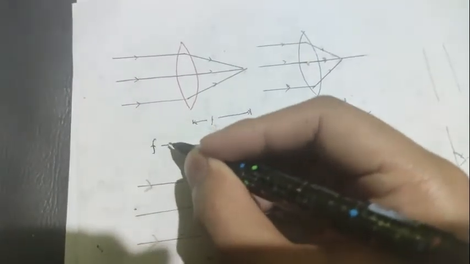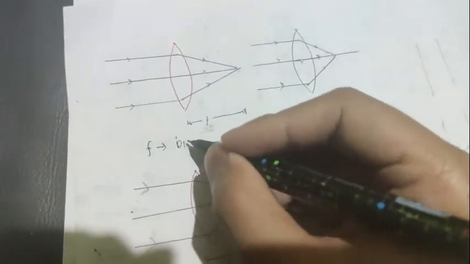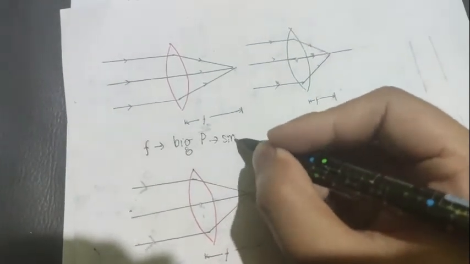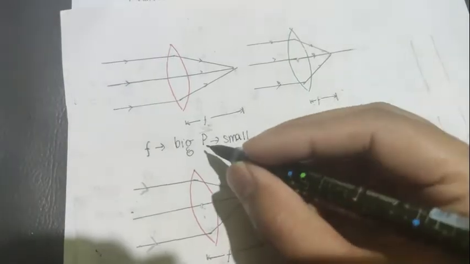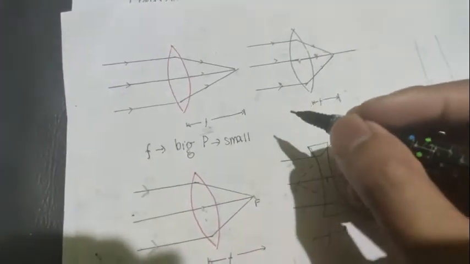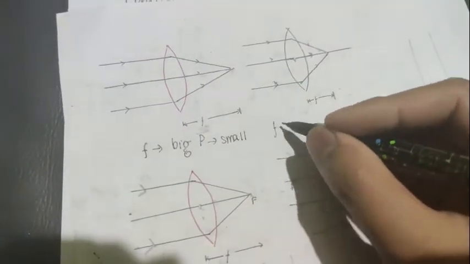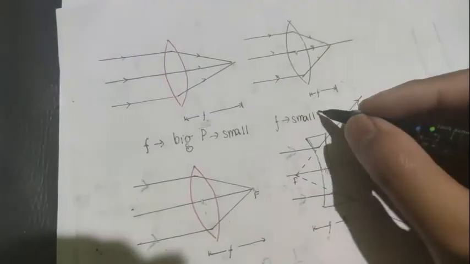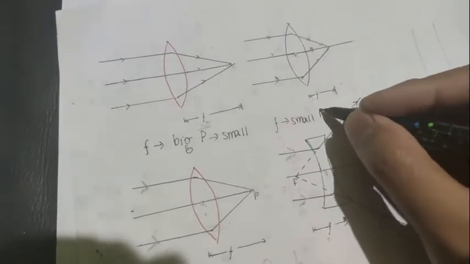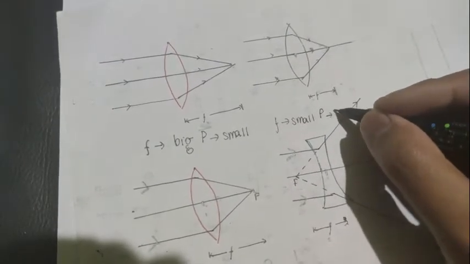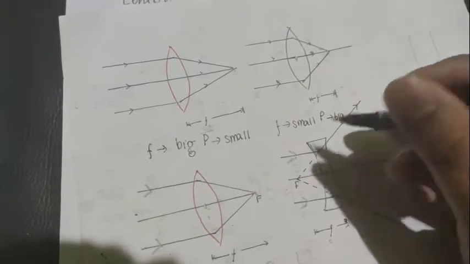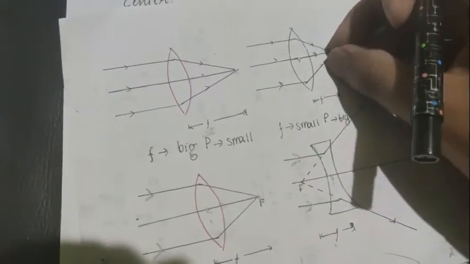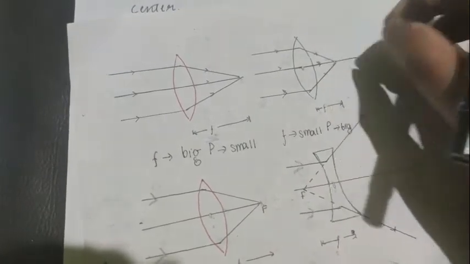If F is big, P is small. P power is small or your convergence is small. If F is small, as for your green lens, that means your P is big. That means your convergence is big. That means it can converge at a shorter distance. Is it clear?